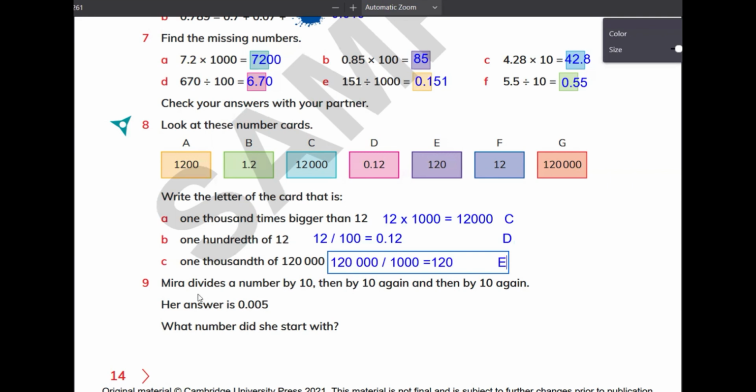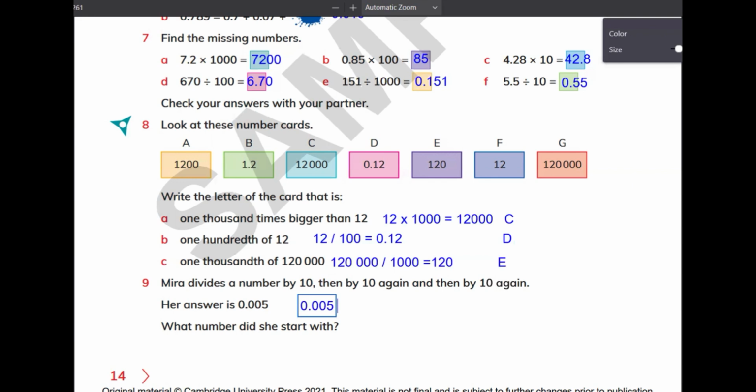Then let's move to number 9. Myra divides a number by 10, then by 10, then by 10 again. The answer is 0.005. When the answer is 0.005, all you need to do is inverse the operation.